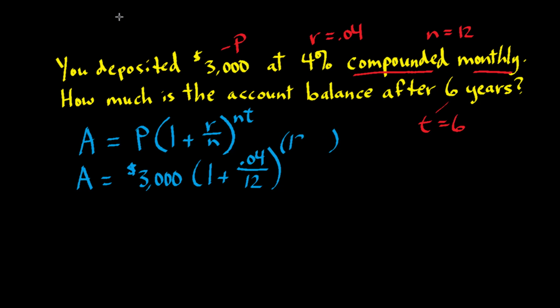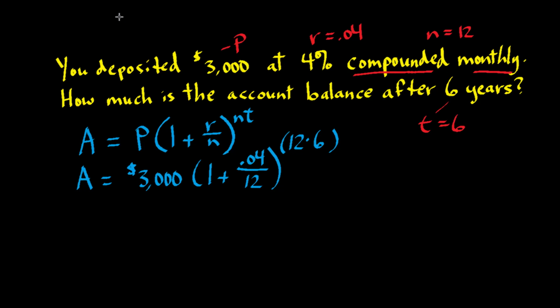And we will put 12 for N and 6 for T. Because of the order of operations, the calculator is actually going to perform 0.04 divided by 12, then add 1 to that, and then take it to the power 12 times 6, which is 72, and get that answer before multiplying by 3,000. But you can just put this all in your calculator to get the correct answer.